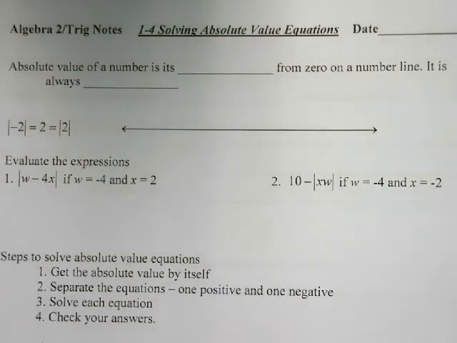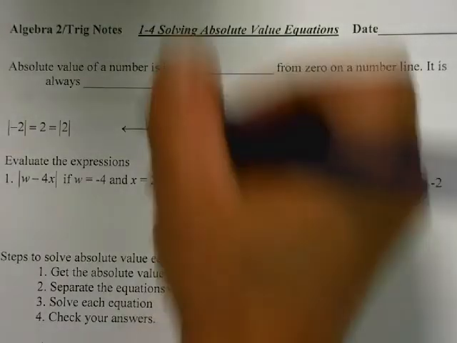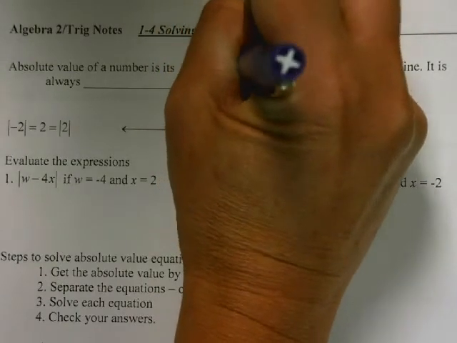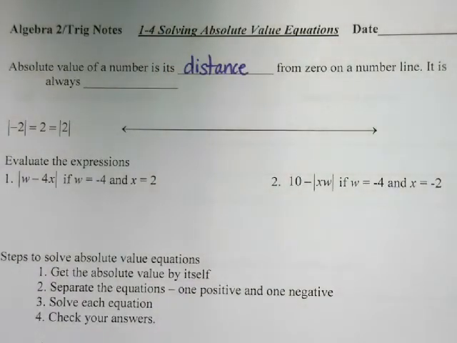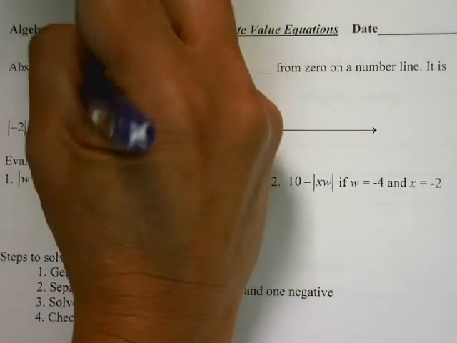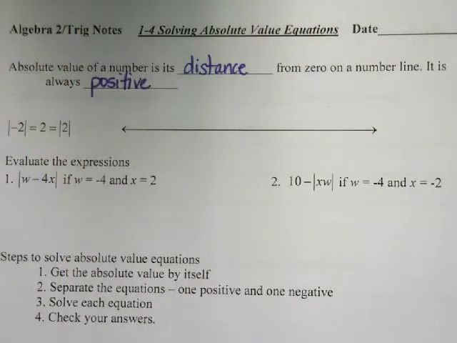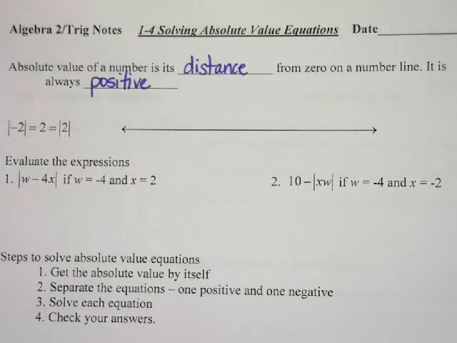So, the absolute value of a number is its distance from 0 on a number line. It's always positive. Okay, so let's draw a number line here.